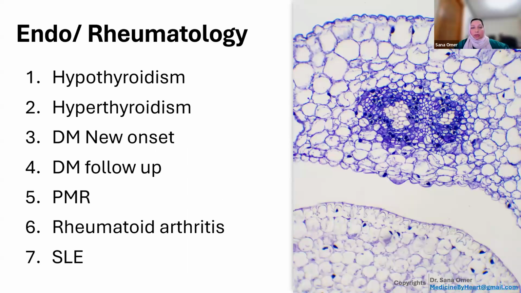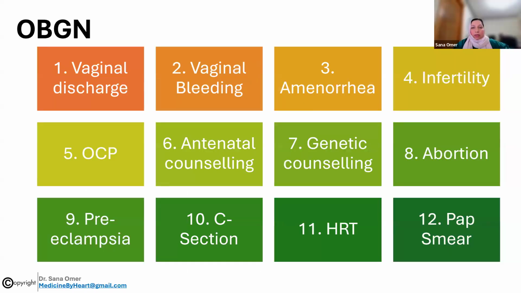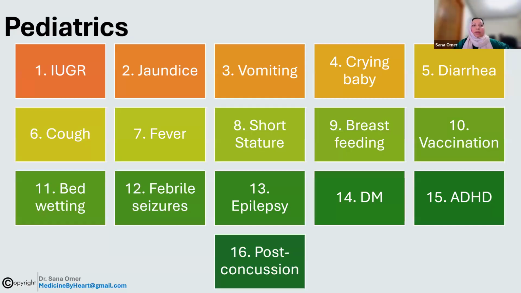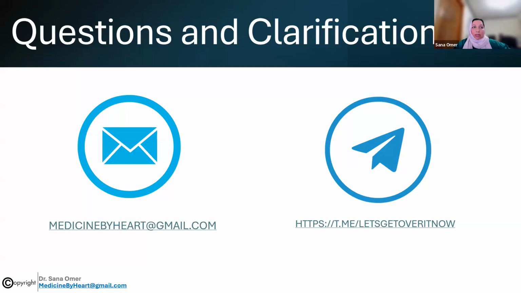In endo-hematology, almost 7. Then we have some miscellaneous topics like electrolyte disturbances and vitamin deficiencies. Then OBS Gynae, almost 12 important topics related to counseling and gynae obs. Then in pediatrics, we have almost 16 topics. Pediatrics is high yield. You always get one station of pediatrics in your exam. In psychiatry, we have all these topics, and we have scenarios that talk about all these things.